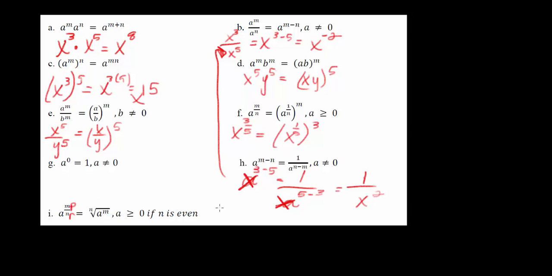So if I had x to the 2/3 power, it would be the third root of x squared. I could also write it as the third root of x and square the whole thing. It will give you the same thing.